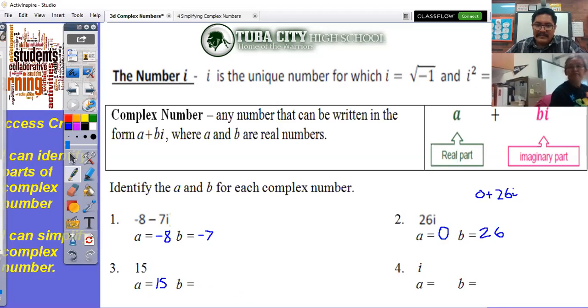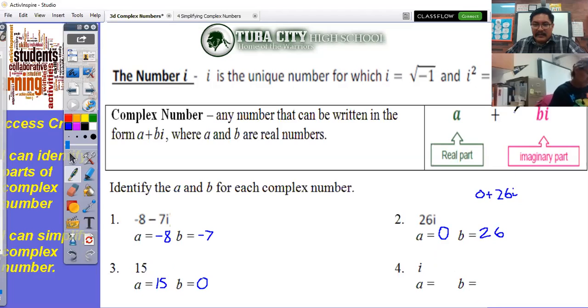It has all the properties of a real number. It can be written as a fraction, and it fits as a natural number or a whole number. So it works out. And then we have b, which we don't have one. And again, I could put 15 plus 0i, which means that there is nothing there.